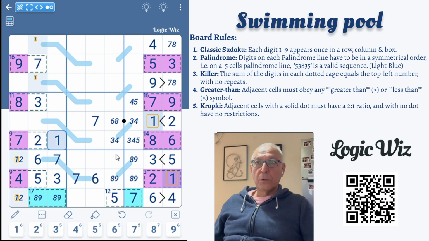And we have 2, must be one of these two cells. And what do we have in these 3 cells? It is 1, 2, and 6.